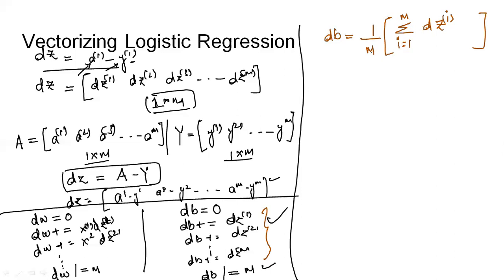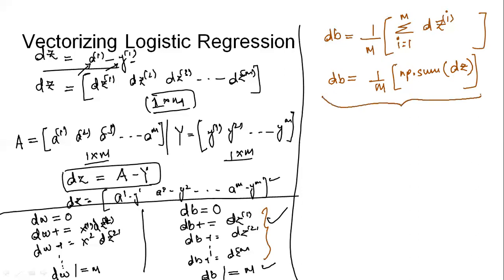Now if you want to implement this in Python using the numpy library, you can write the code as db is equal to 1 upon m, and inside the brackets, instead of using the summation, we have the function in Python as np.sum, and then you can write dz inside. So this is the vectorized implementation of how we can do this in the Python programming language.